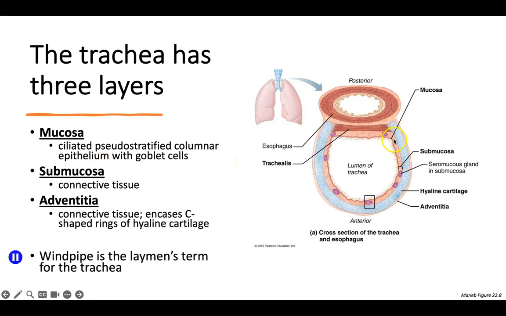Underneath that mucosa is a submucosa made up of connective tissue. And underneath that submucosa will be the adventitia. The adventitia is connective tissue that encases C-shaped rings of hyaline cartilage. You can see here one of these C-shaped rings.